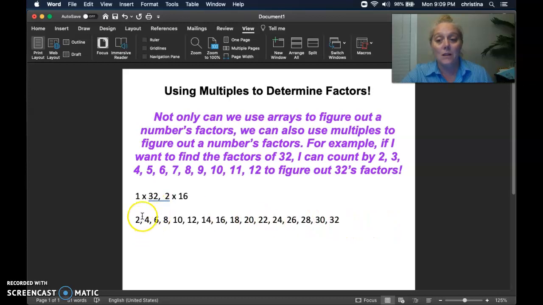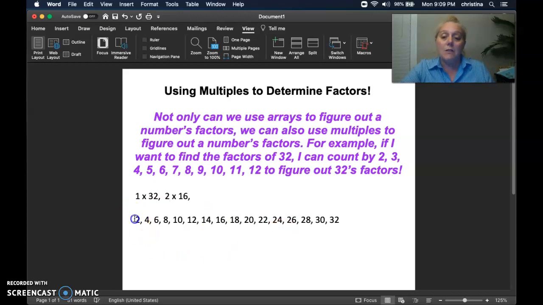We had to do 1, 2, 3, 4, 5, 6, 7, 8, 9, 10, 11, 12, 13, 14, 15, and 16. That's where our 16 came from, because 32 is the 16th multiple of the number 2. So that's what makes 2 times 16 a factor pair for the number 32.